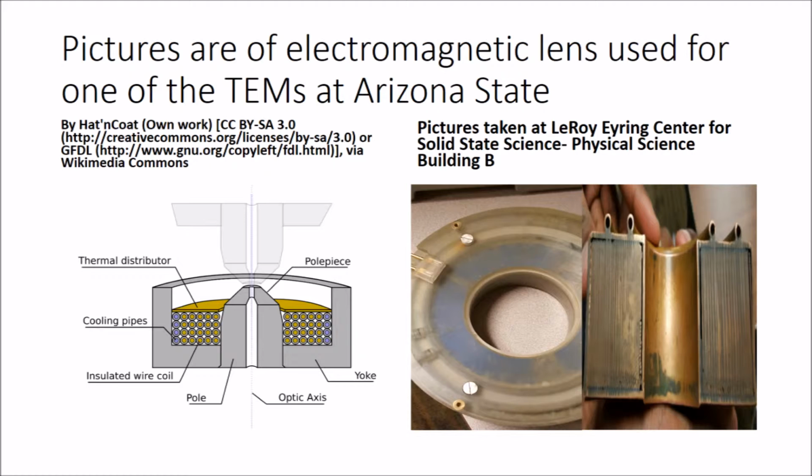On the outside of the wire coil are the cooling pipes, and it is covered by a thermal distributor so it doesn't overheat. The pictures on the right were actually taken here in the lab. The one on the left shows a whole electromagnetic lens, and the one on the right obviously is showing a cross section of what one looks like.